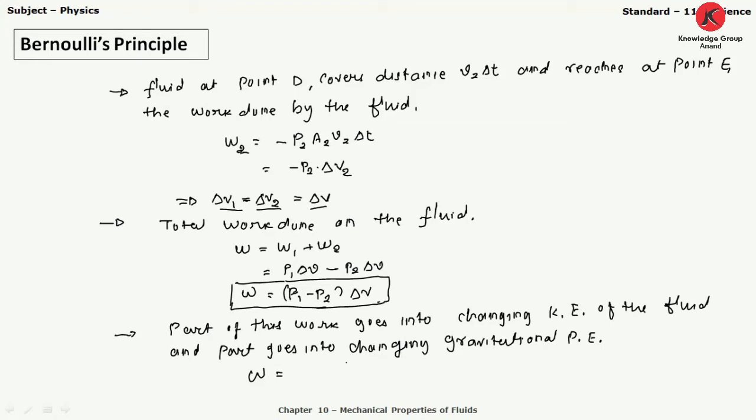The equation becomes W equal to delta K plus delta U, change in kinetic energy and change in potential energy, which is the total work done W. Now we know in the equation of kinetic energy we have half mv square, and in case of potential energy we have the equation mgh. So in both equations we have a common term, which is mass. So first of all, let's derive the equation for mass.